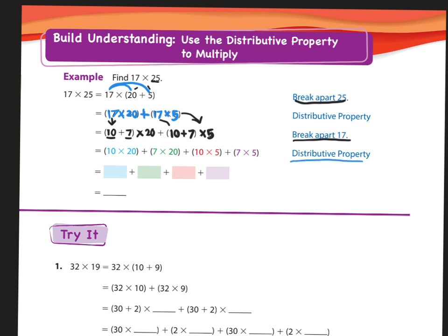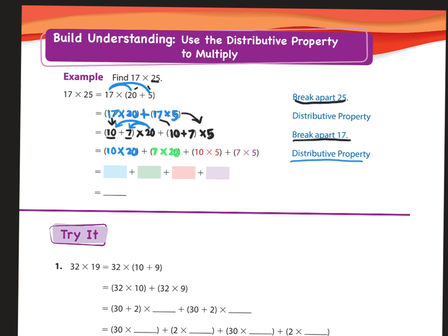We are going to use the distributive property again and distribute 20 to the 7, and we're going to multiply or distribute the 20 to the 10. So here we have the 10 times 20, and then 7 times 20.